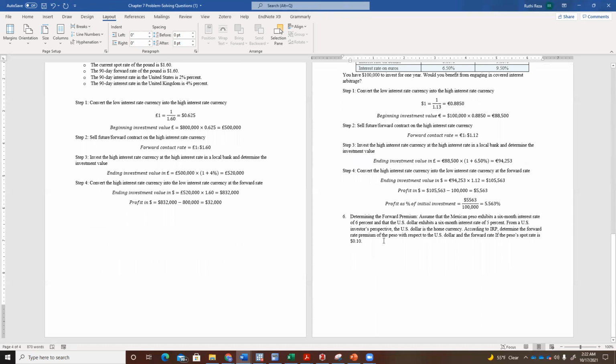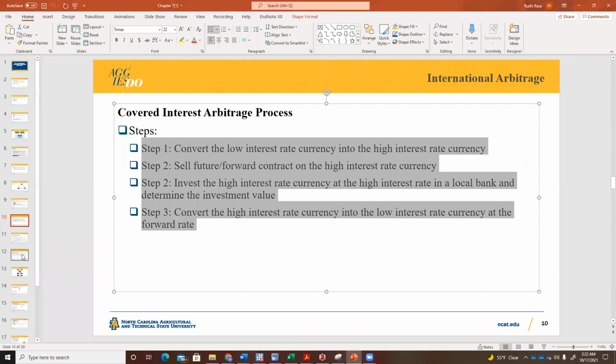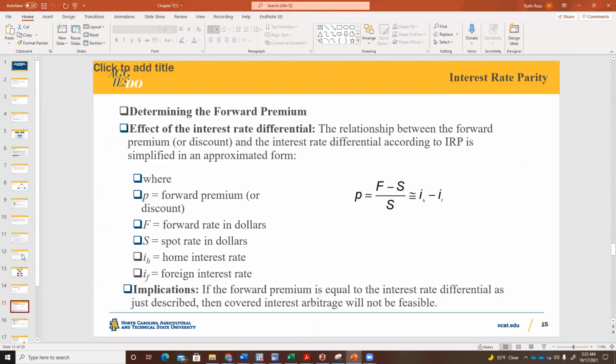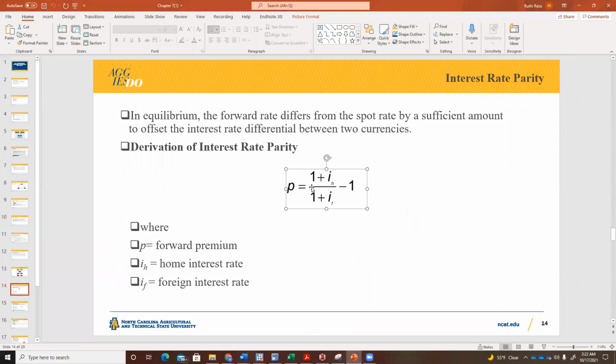All right, now we are going to calculate forward premium. Okay. So this is the formula that we are going to use to calculate forward premium.